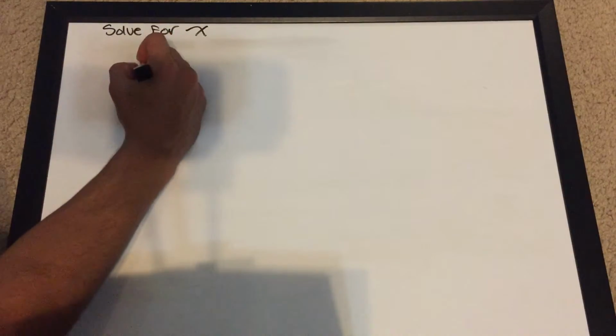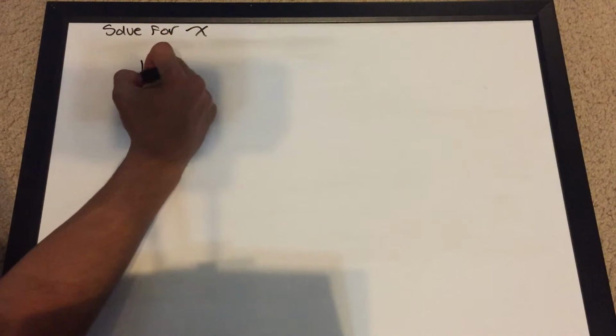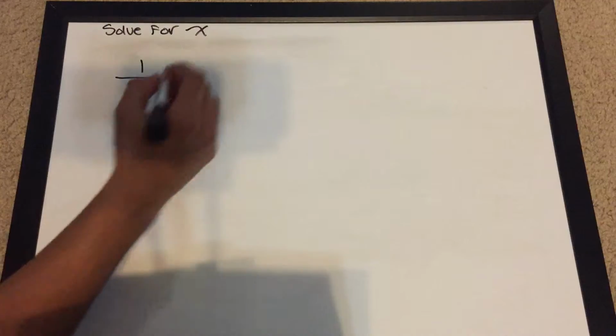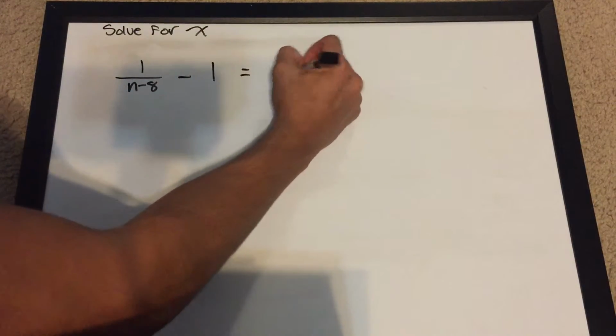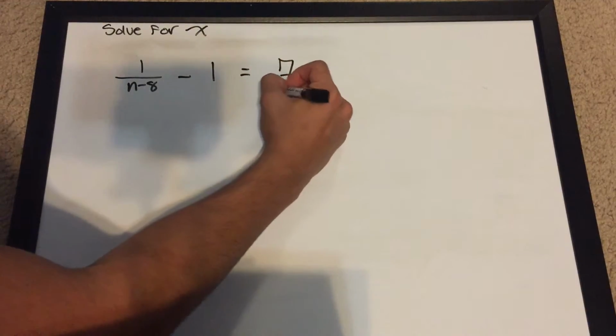Here you see another problem which asks to solve for x. 1 over n minus 8 minus 1 equals 7 over n minus 8.